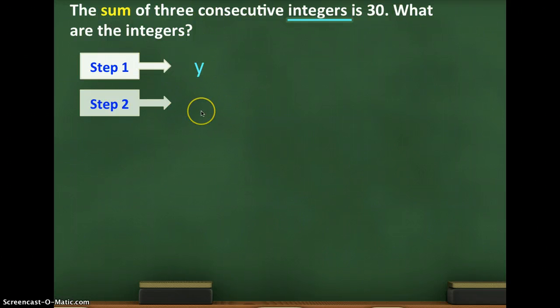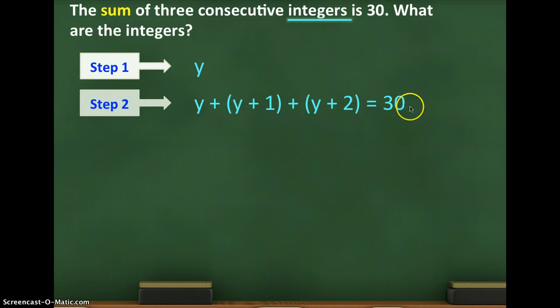So if I write it in the equation, I will have y, which is the first integer, plus, because it says the sum, that means that when you add them, you'll get 30. So the second integer is y plus 1, and then my third integer is y plus 2. So this is our equation.